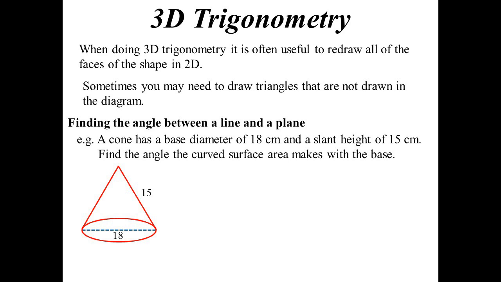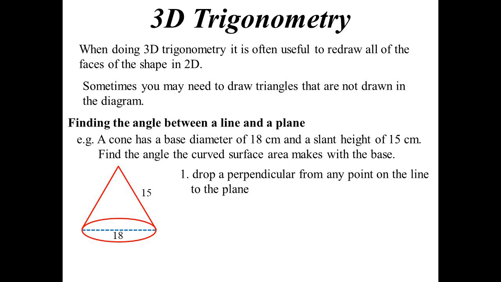When I've got that situation, we drop a perpendicular from any point on that line down to the plane. And I guess it's convenient to use the vertex straight down. So I'll drop that down, and this now creates a right angled triangle in two dimensions. If you imagine cutting that cone straight down there, you've got this right angled triangle.